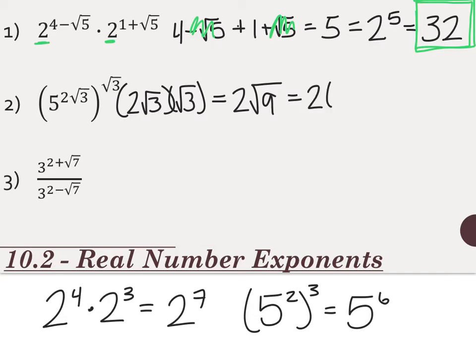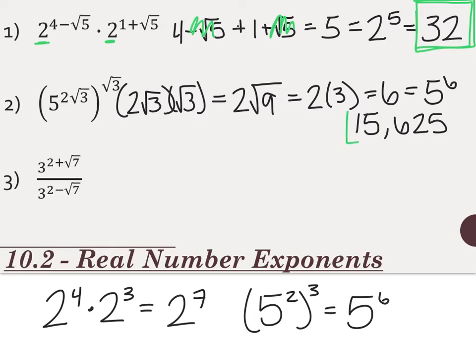The square root of 9 is 3, and then 2 times 3 is 6. So this guy ends up being 5 to the 6th power, and then if you put that in your calculator, it ends up being 15,625. And so that would be your final answer.